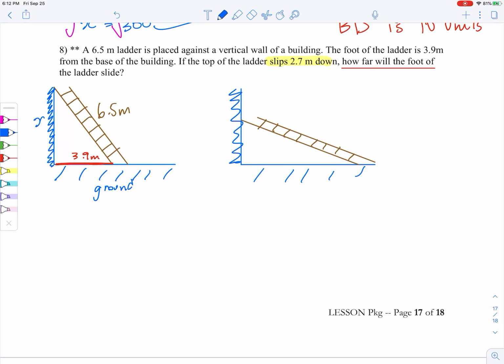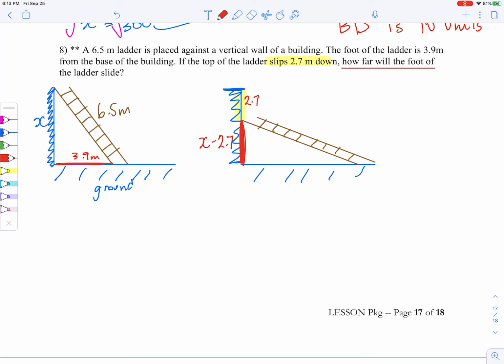So if this was X here, and it started off at that height of X, and then it slid down 2.7 meters, that amount there was 2.7. That means the amount remaining here is going to be X minus 2.7, because the whole thing was X and now it's 2.7 less.